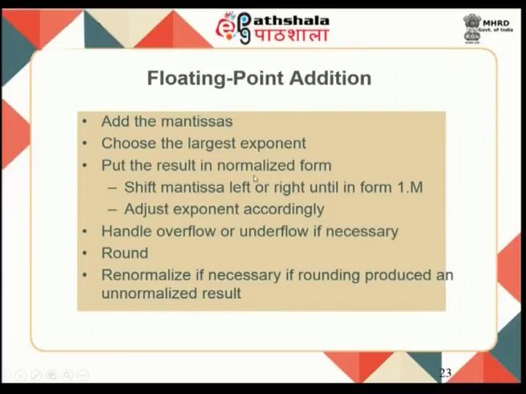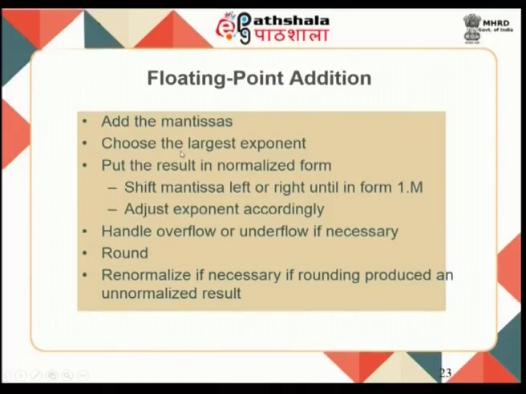In order to put the result in normalized form, you will have to shift the mantissa left or right until it is in the form 1.xxx, and adjust the exponent accordingly. Handle overflow or underflow if necessary, and then finally, you will have to do the round off operation, and if necessary, a renormalization operation, because the rounding could have produced an unnormalized result.